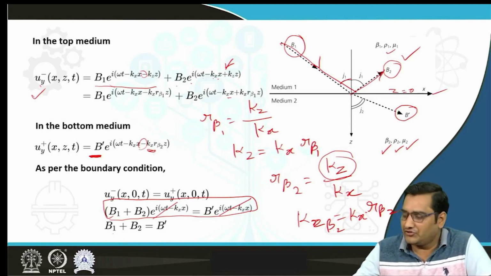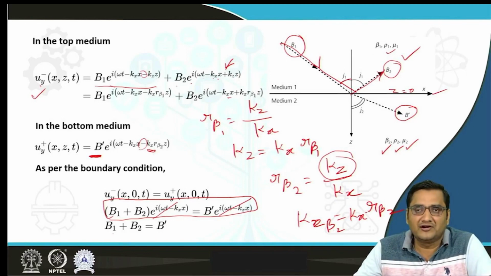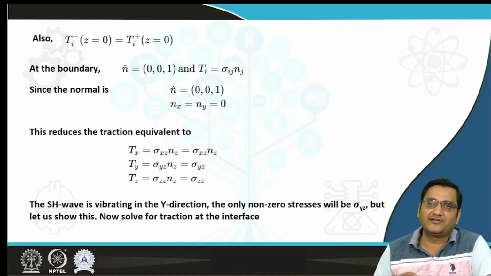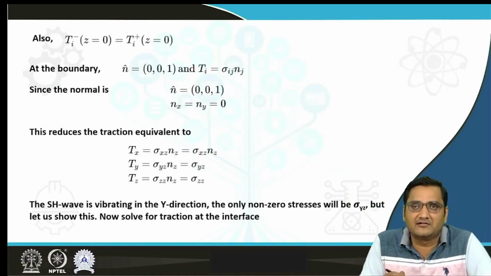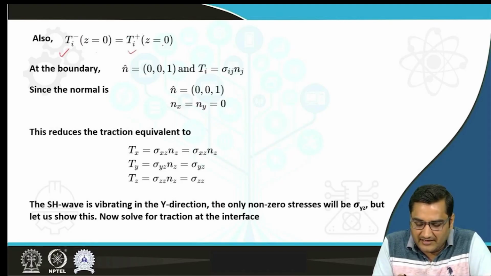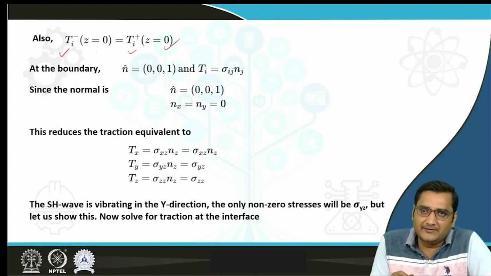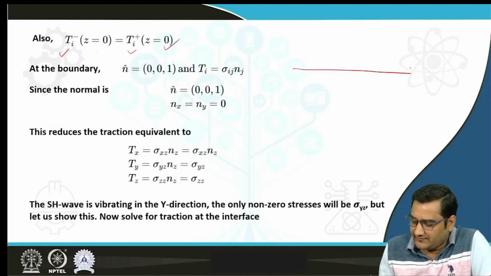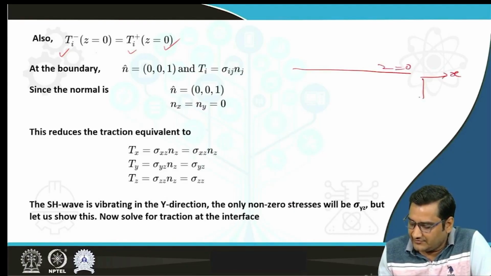Now the second equation will come from the boundary condition of the tractions, and tractions across the interface z is equal to 0 must be equal. That is ti minus at z is equal to 0 is equal to ti plus at z is equal to 0. At the boundary, this is the interface, that is z is equal to 0, and this is your x direction and this is your z direction.